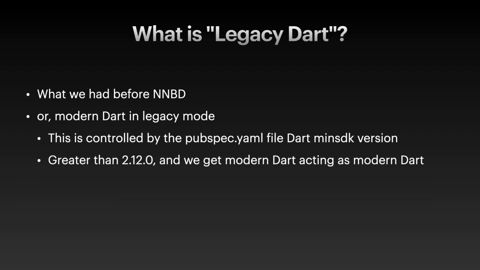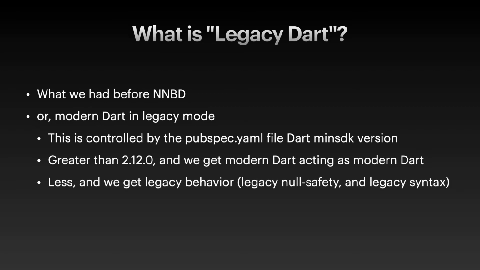If it's any less than 2.12, and I prefer 2.10 just because that's the most recent one that's not 2.12, then modern Dart, even though it has the ability, will backtrack and act just like legacy Dart, which means it will have legacy null-safety, and it will have legacy syntax.